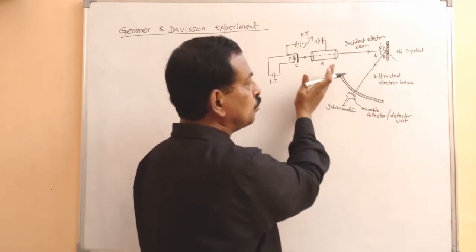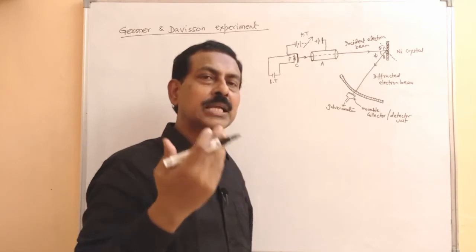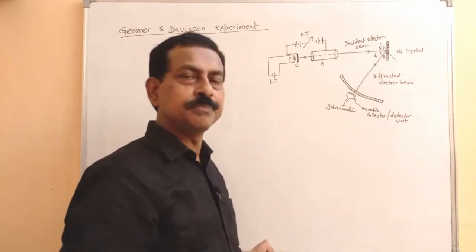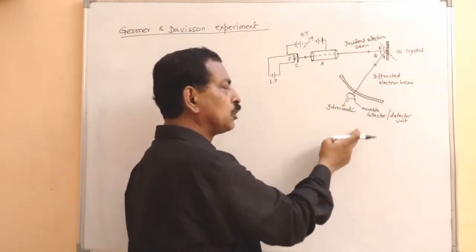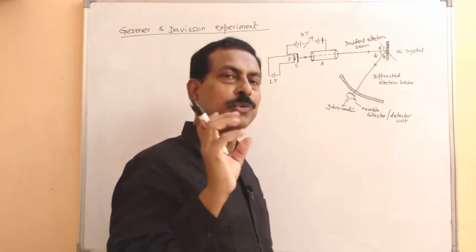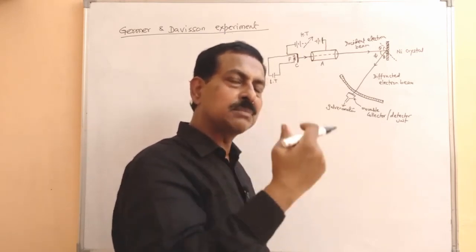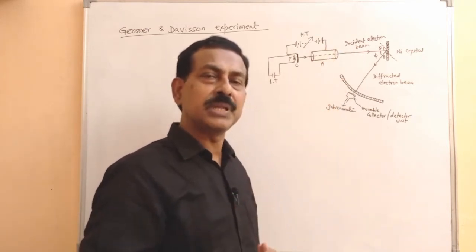We move this collector and try to see where we get the maximum intensity of the diffracted beam. This is connected to a galvanometer, from where we can detect how much current is flowing. The moment the current is maximum, it indicates that the intensity is also maximum there.